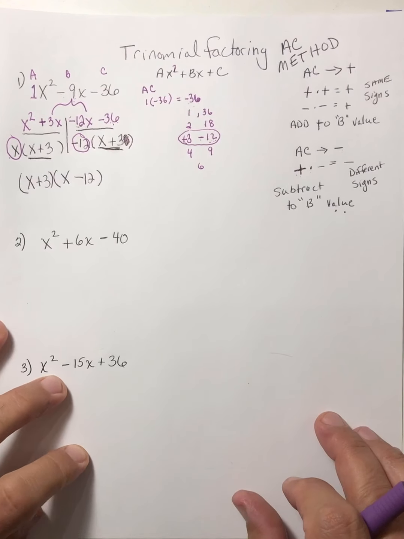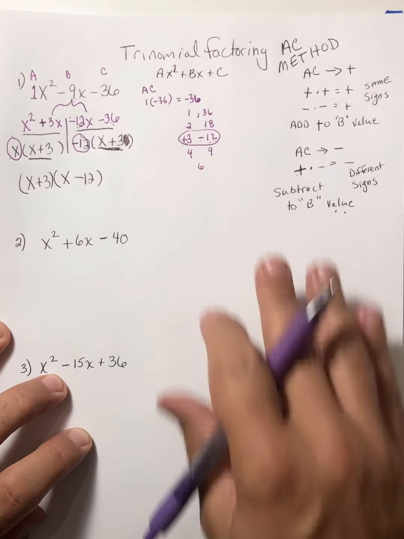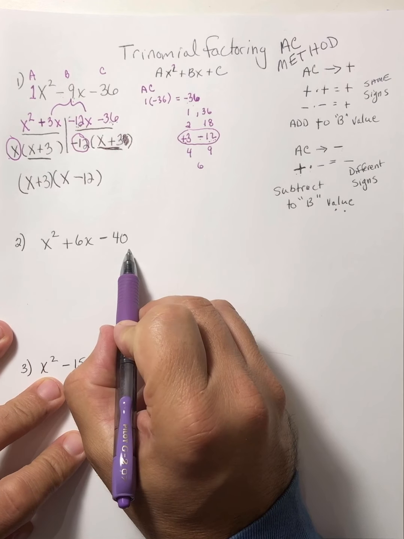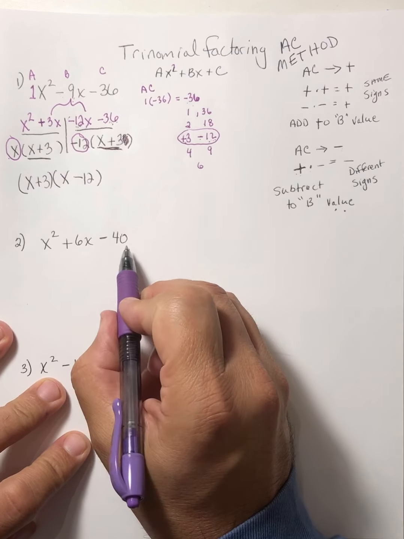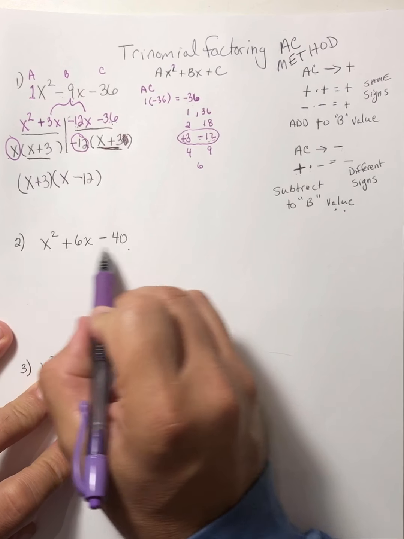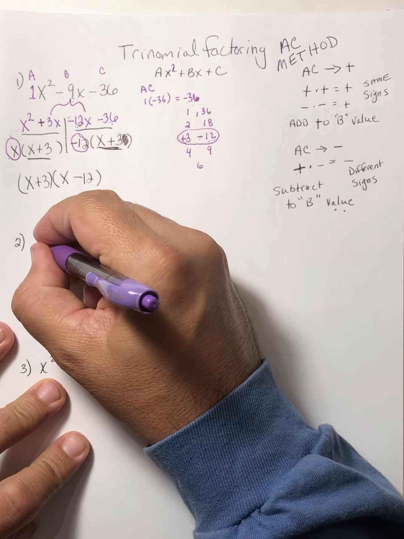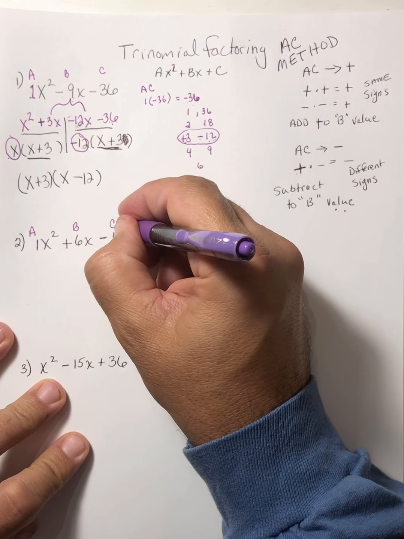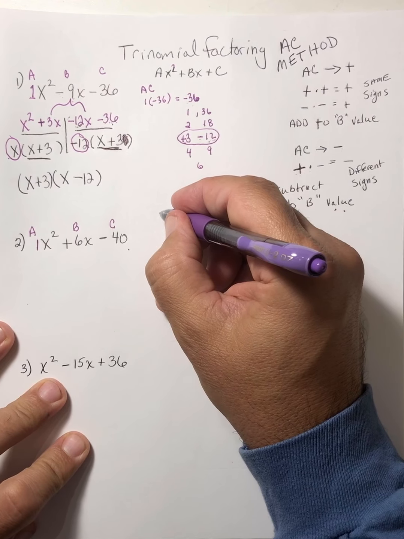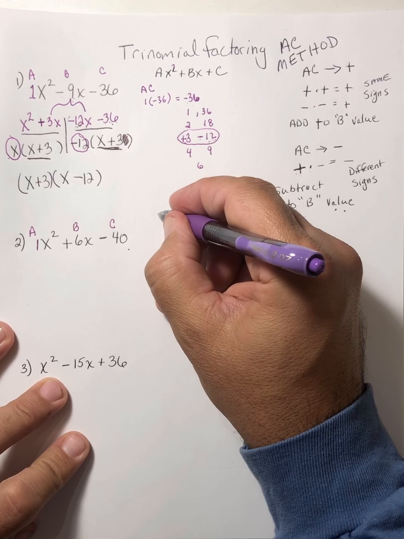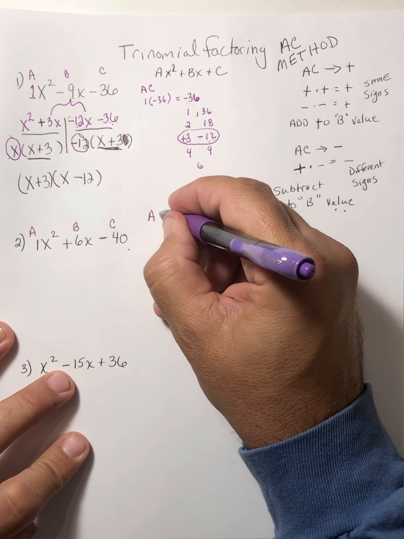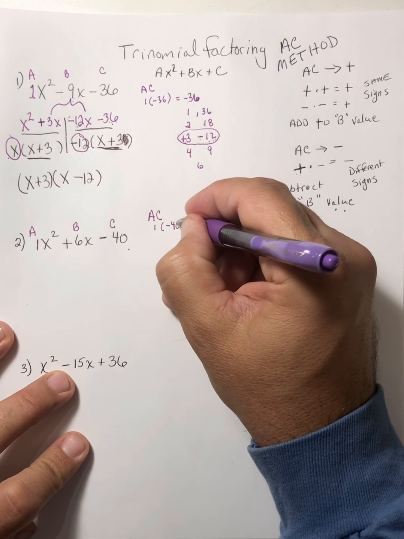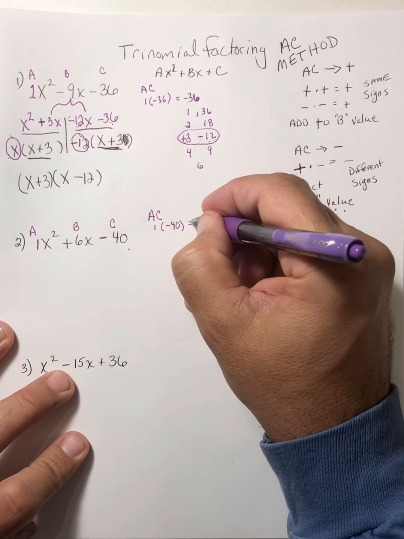All right, let's look at number 2. Let's do the same thing. We'll do the AC method. All right, so here we go. There's the 1 in front there. So here's our A, our B, our C. So we have an A times C. So we have a 1 times negative 40, which is negative 40.